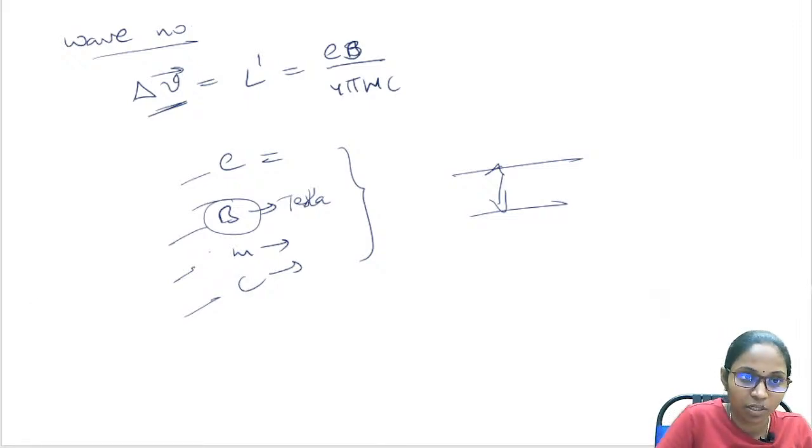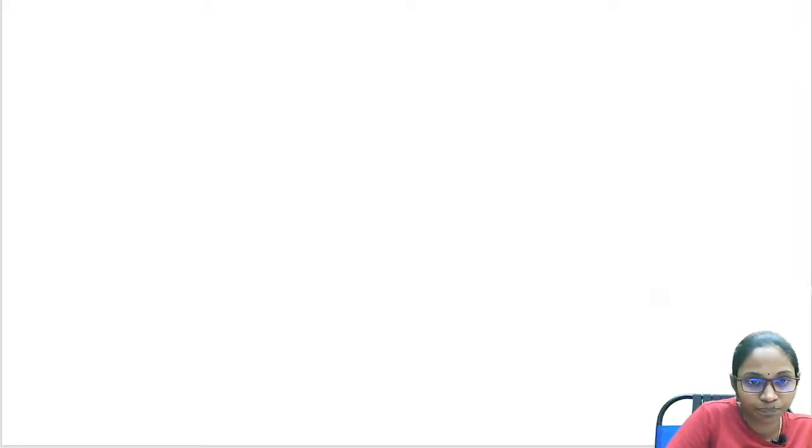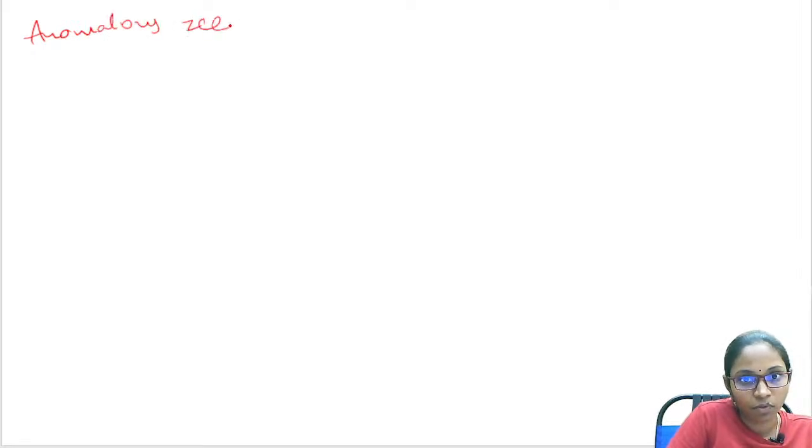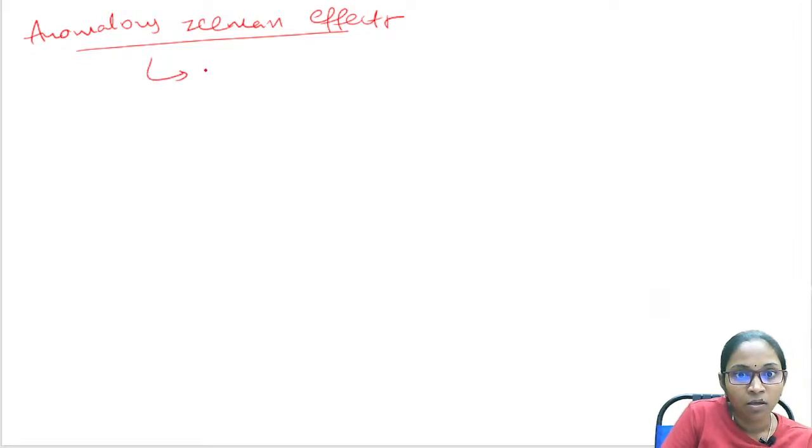And coming to the anomalous Zeeman effect. The anomalous Zeeman effect can be observed in multiplicity greater than 1. That means you will observe this anomalous Zeeman effect in multiplets.